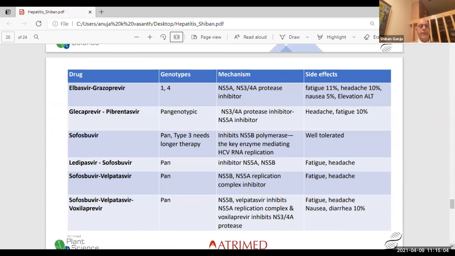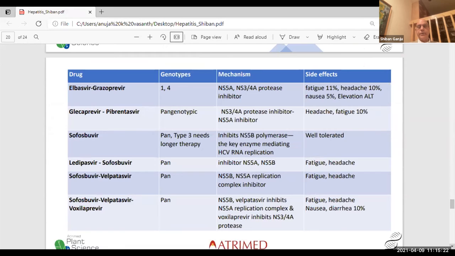Here are the drugs. In the first vertical column, the third drug from the top is sofosbuvir. I mentioned there are 7 non-structural proteins.